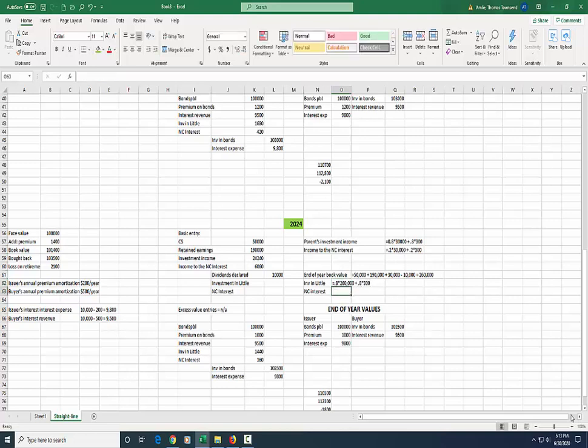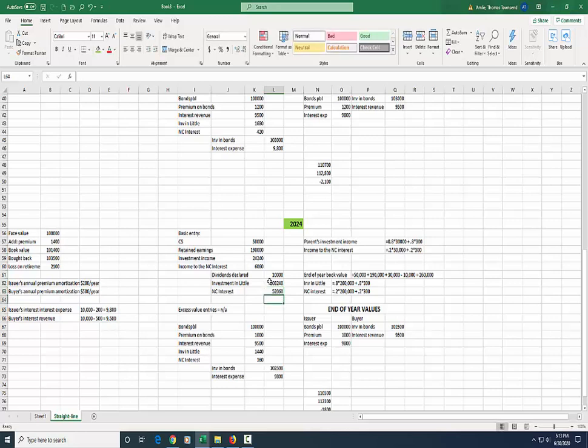For the non-controlling shareholders, they're going to get 20% of 260 plus 20% of the 300. So 260,300 times 0.8 is 208,240. 20% of that same thing is 52,060.